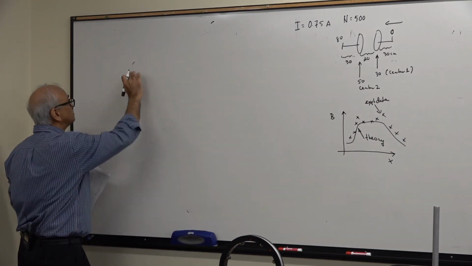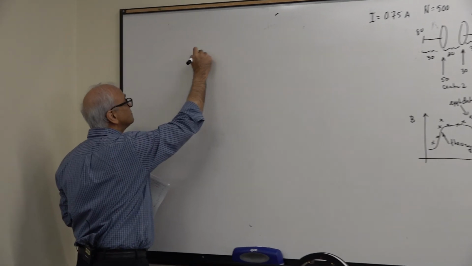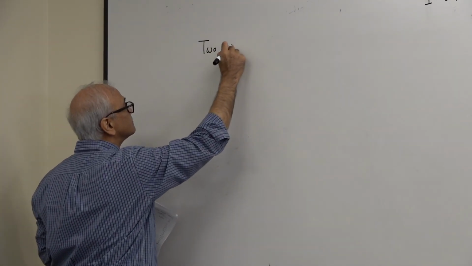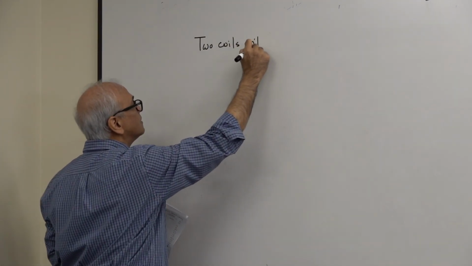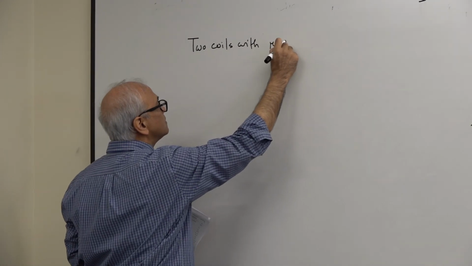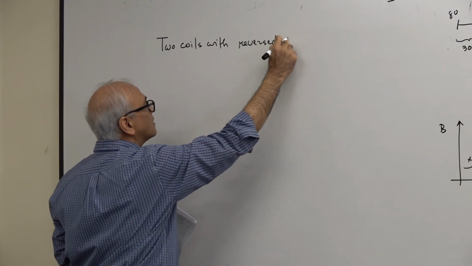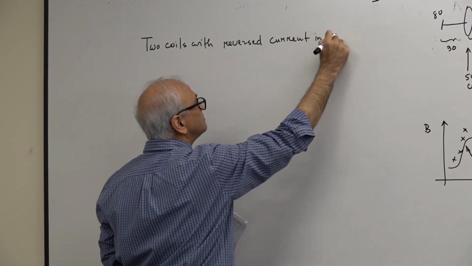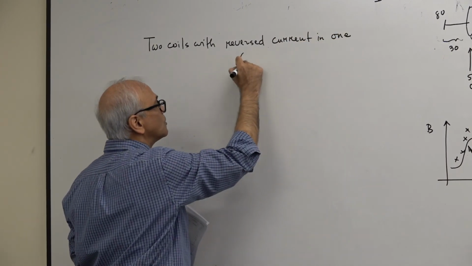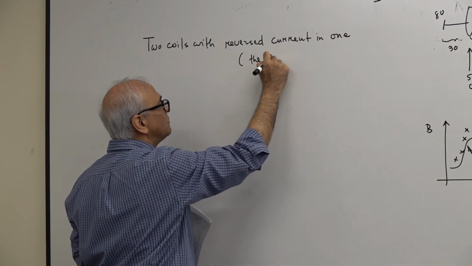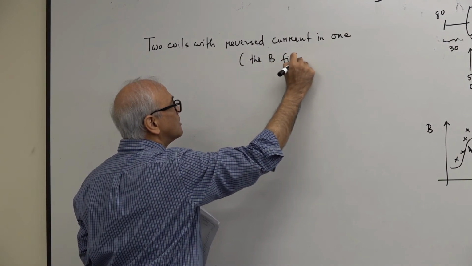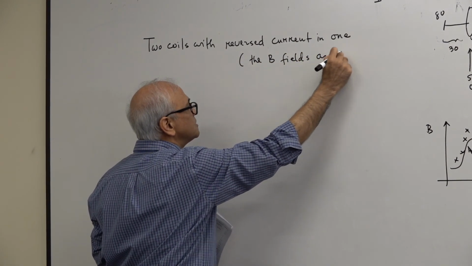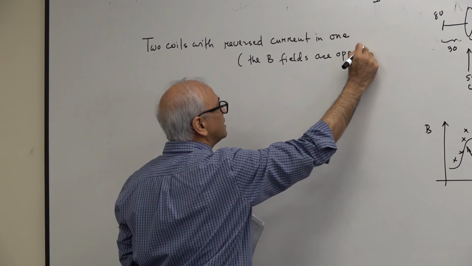All right, so 2 coils with reversed current in one, and so the B fields are opposite each other.